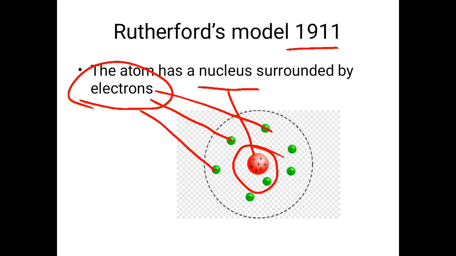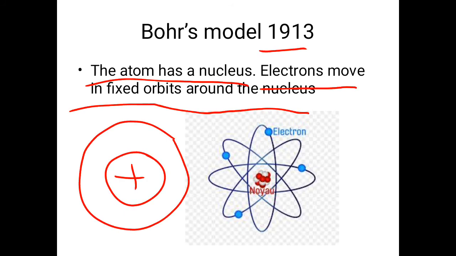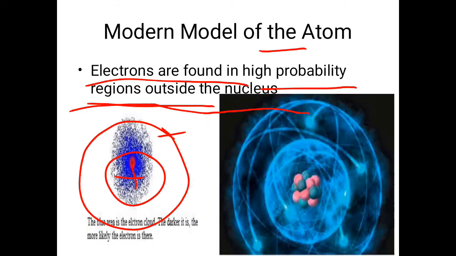Rutherford did not speak about the movement of negative charge or electrons, but here Bohr's model is telling us that the positive charge is present in the nucleus and the negative charge is revolving around it. So this is why the movement of electrons is discussed in circular orbits around the nucleus.